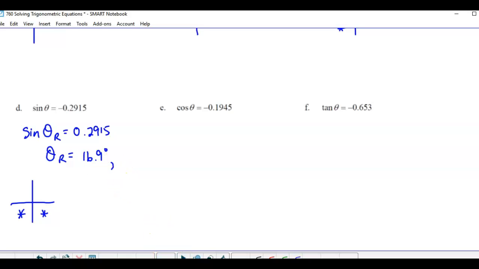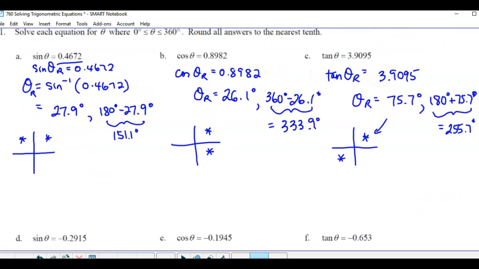So I'm actually going to not put a comma there. Now that I'm looking at this, when I go back up here, this was our reference. So I should really state this a little bit better. So here, I'm just going to do theta equals 75.7, comma, 255.7.